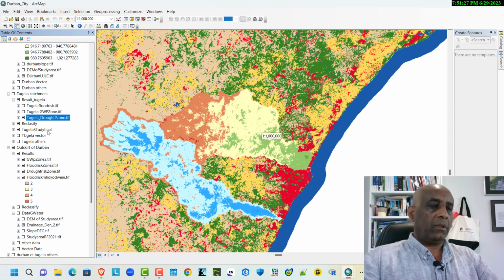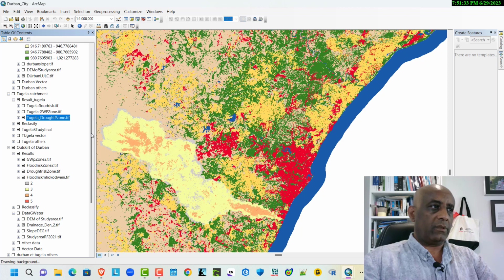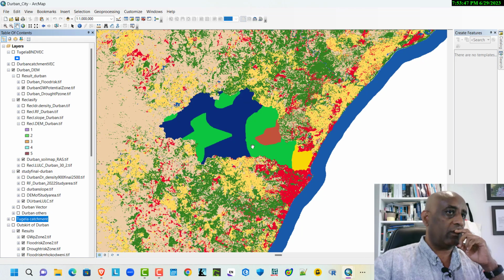So, we can see also the soil type. So it's the soil type of the area, for example. Let us see. This is the soil type, actually, where we can see the name of the soil type.